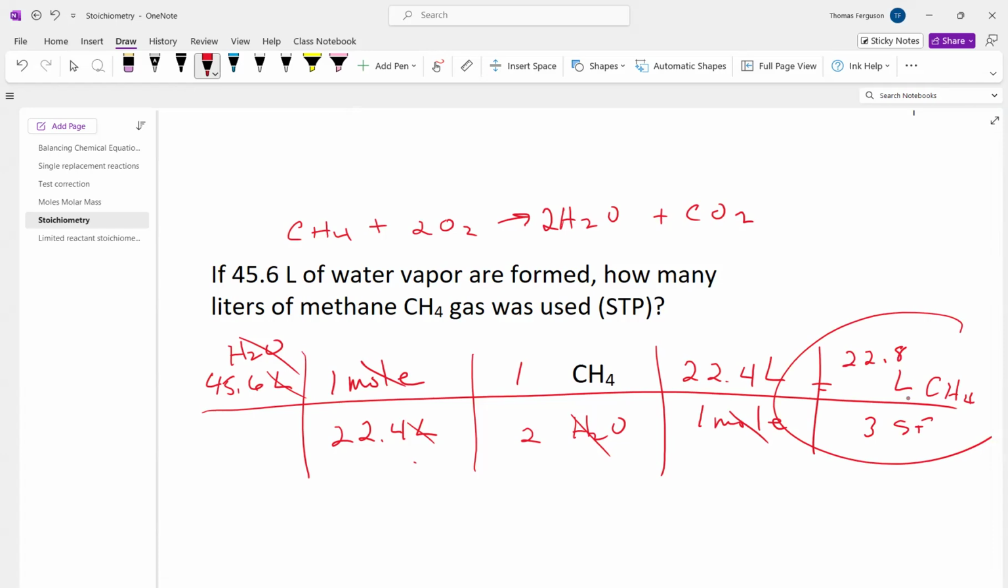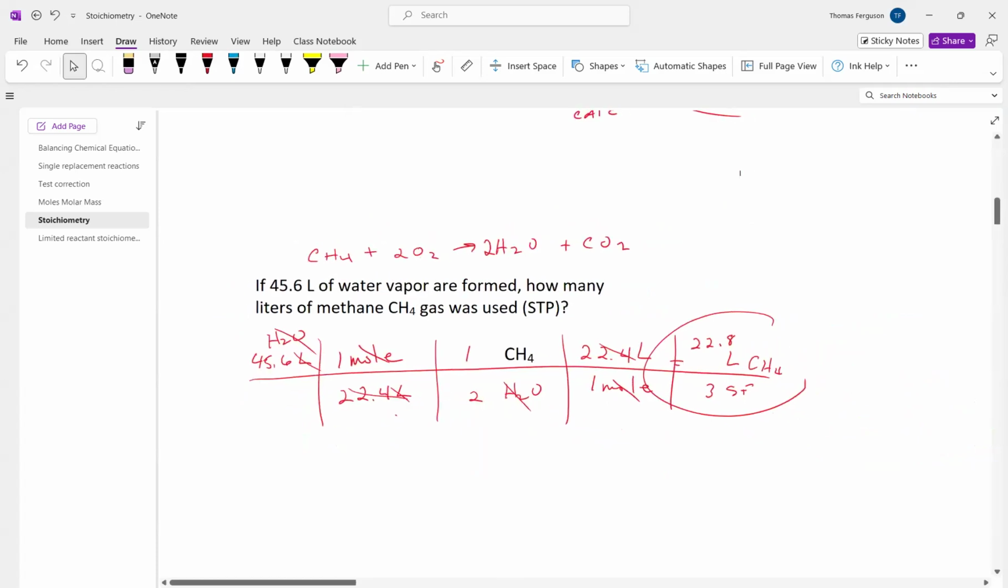Notice the 22.4 canceled out, so you didn't have to put that in your calculation. 3 sig figs, yeah. Okay. Notice again the same pattern. What's given, convert to moles. Mole ratio with the coefficients from the balanced equation, and then you convert to what you're trying to calculate. 3 steps.